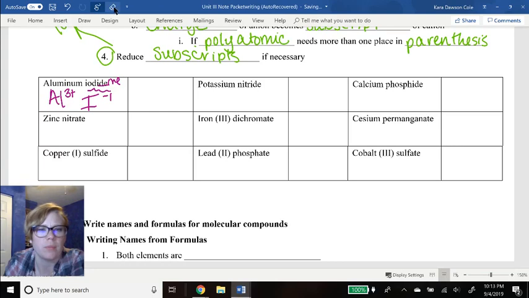Now I'm going to erase the positive and negative signs and not pay attention to those. I'm going to circle the numbers and bring them down. The 1 goes down to the aluminum. The 3 goes down to the iodine. So then I know I have AlI3.